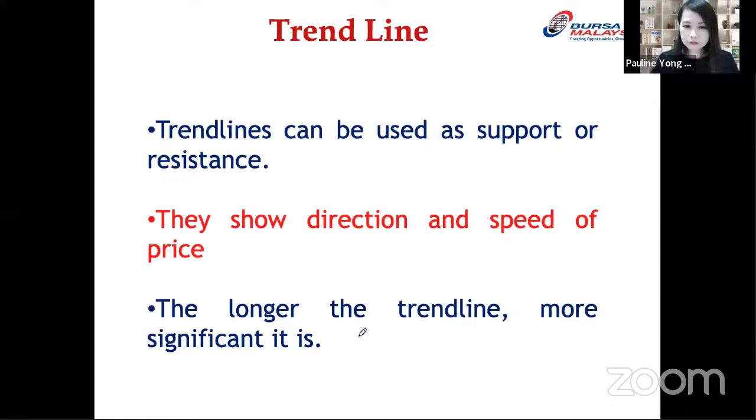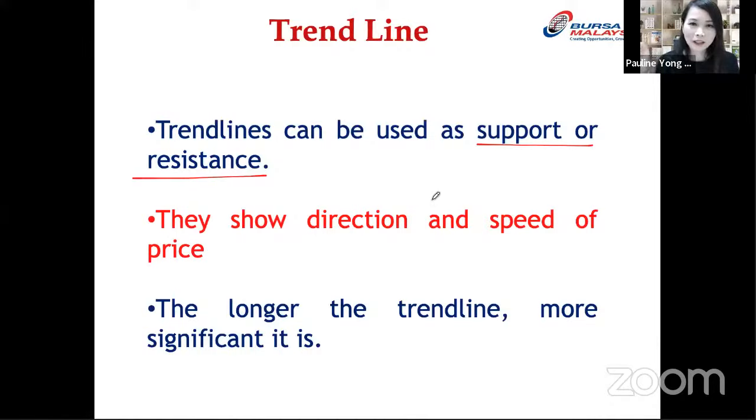So first of all, support and resistance. When we are looking at technical analysis, the whole thing about technical analysis, I can say, is about support and resistance. If I were to summarize everything about TA, what is TA?